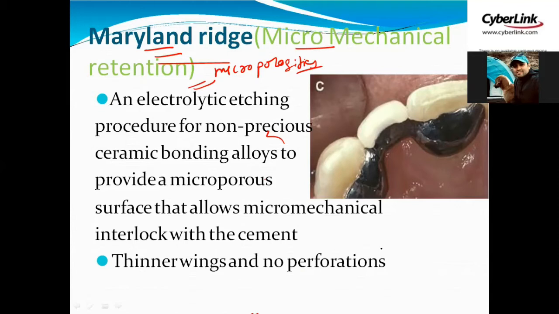Commonly used electrochemical techniques are used for non-beryllium nickel, cobalt, chromium alloy. Etching is done in two stages.